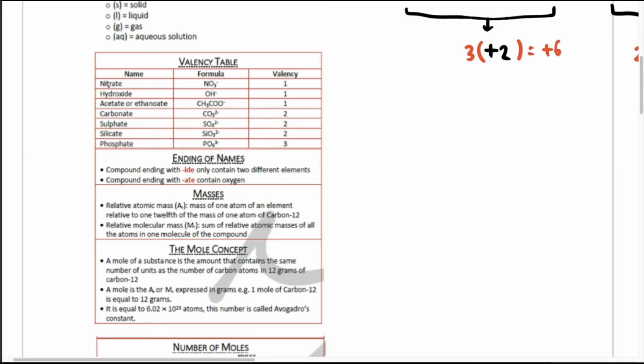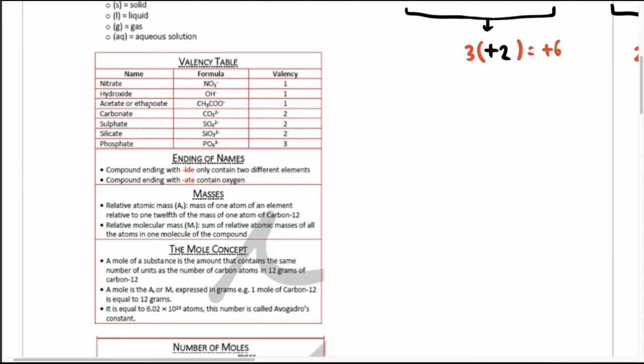Okay, nitrate, the formula is NO3, the charge is negative 1, so the valency is 1. You will see the valency is just equal to the charge. Hydroxide, OH minus, minus means minus 1, so that's why this is 1.